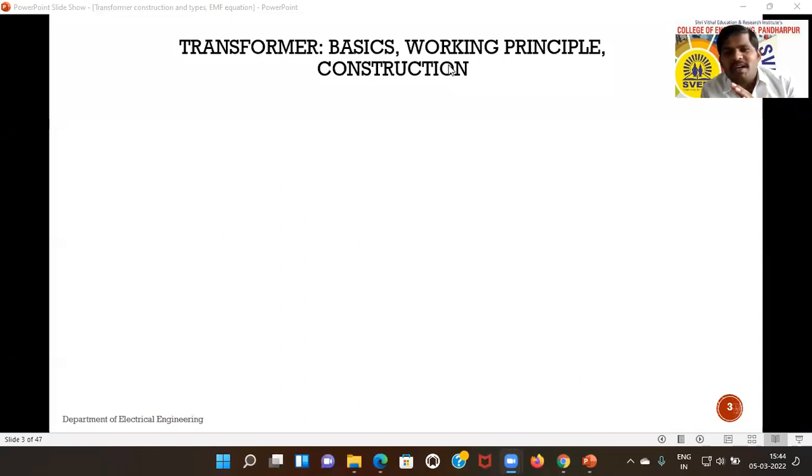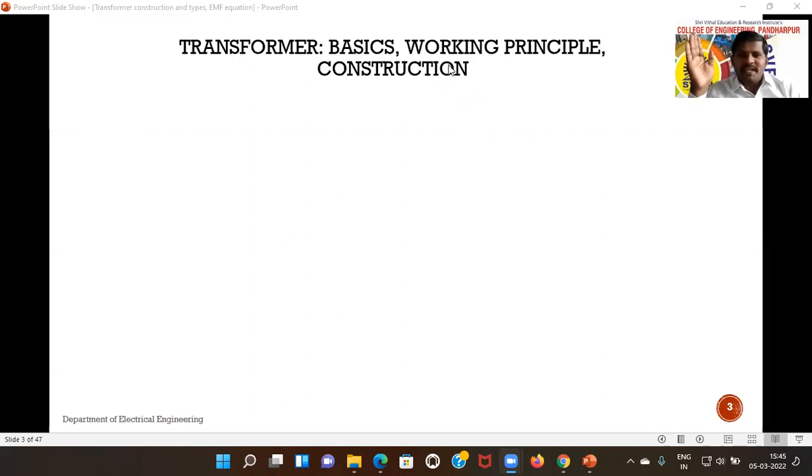It will transfer a power from one circuit to another circuit with change in its voltage and current, but without change in its frequency. What is the definition? All of you keep in mind. The definition of the transformer is that the transformer is a static device.